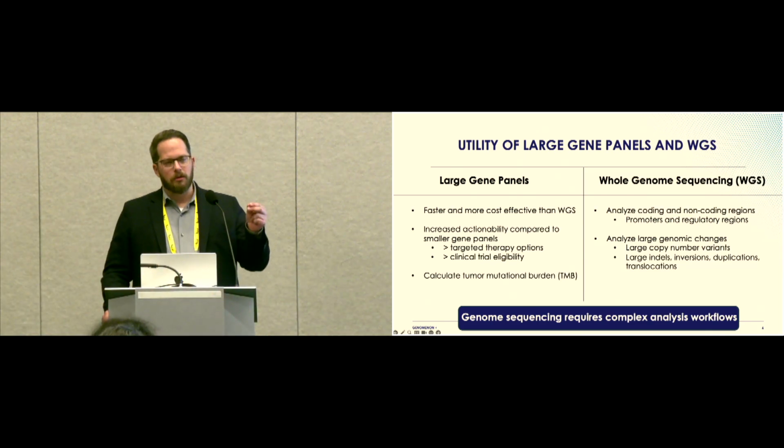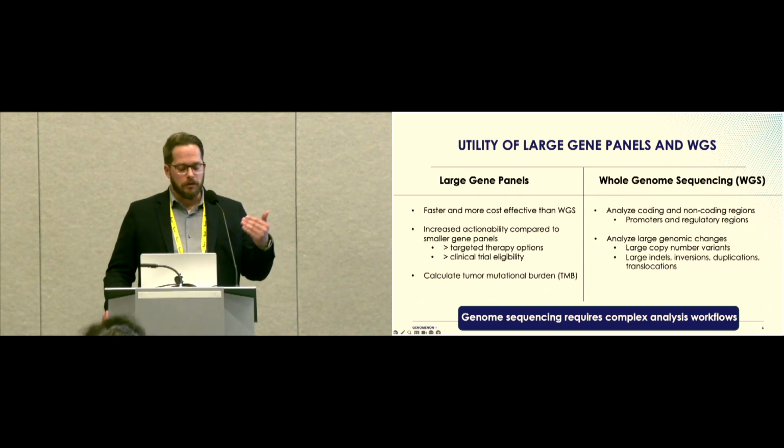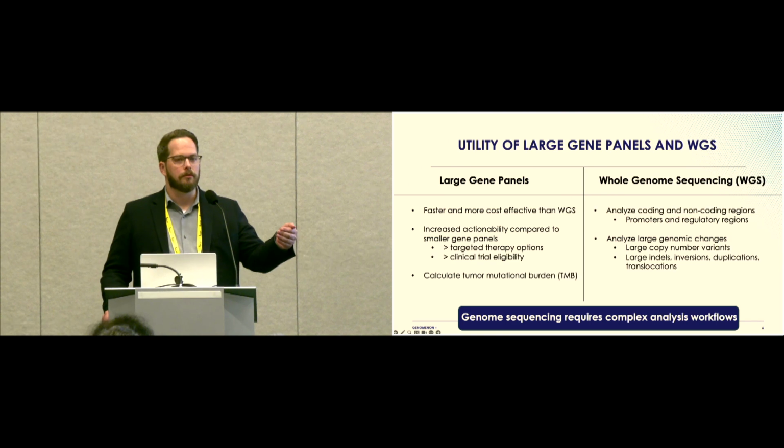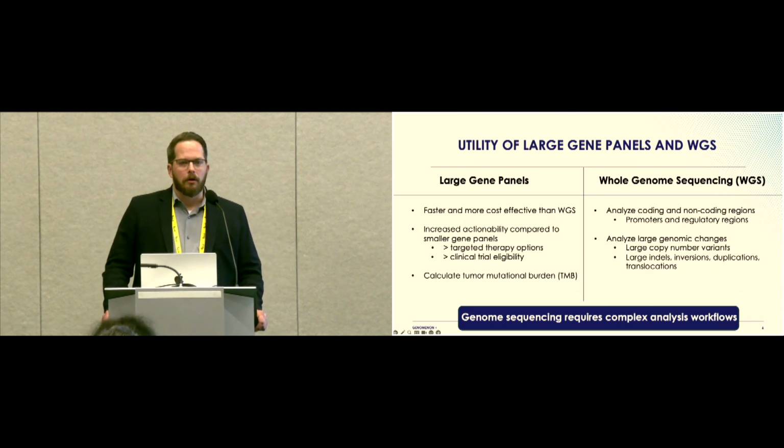So that doesn't just come in the form of more genes, it also comes in the form of more different types of variants, including non-coding regions that are otherwise hard to capture with gene panels, including promoter, regulatory, intronic, splice region variants, et cetera.